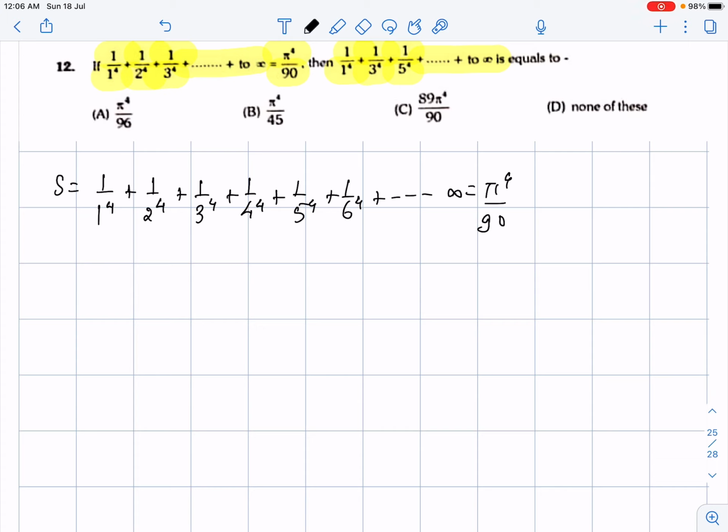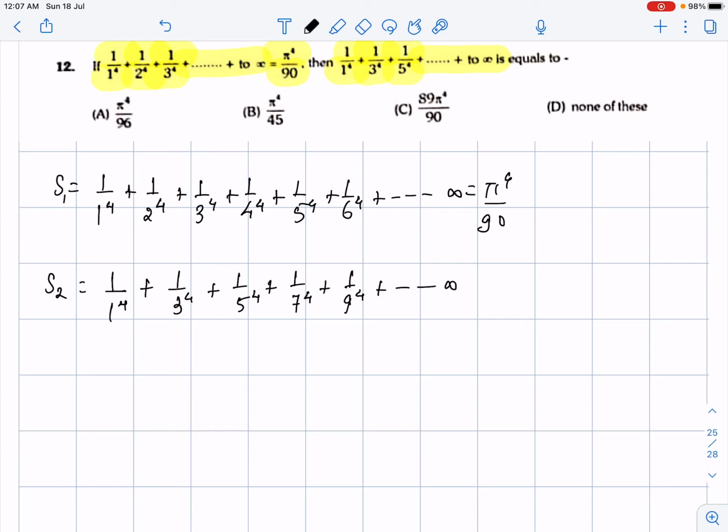Let us suppose that was S1, this is S2. We want the value of S2, and that is what? The odd terms only. 1 upon 1 power 4 plus 1 upon 3 power 4 plus 1 upon 5 power 4 plus 1 upon 7 power 4 plus 1 upon 9 power 4 goes on up to infinity.